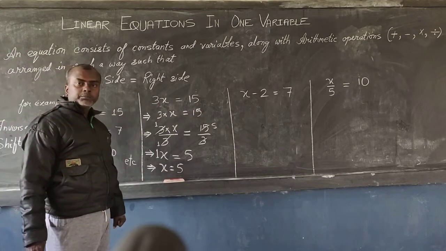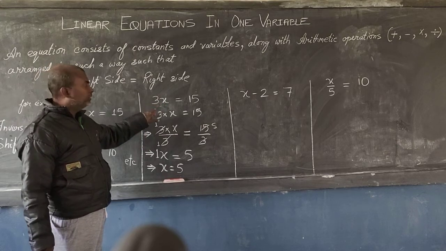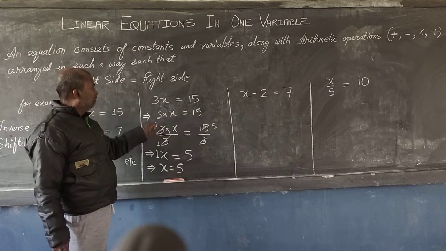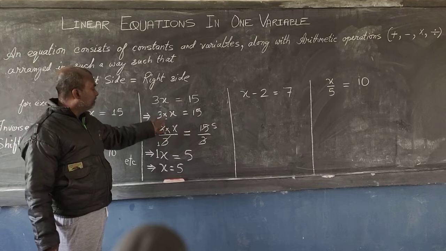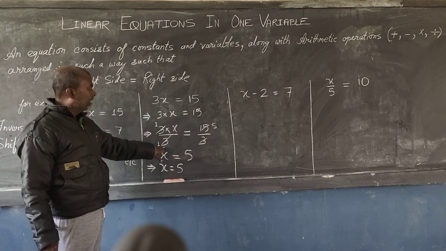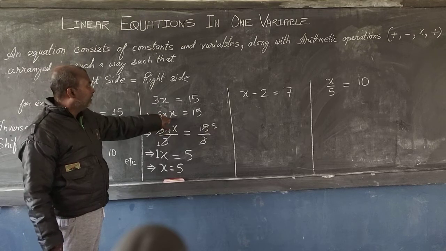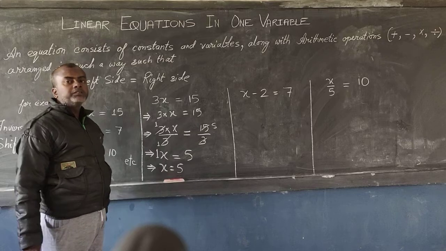What did we do in the inverse method? We check between the variable and the constant what sign is there. We have the into sign. So to remove this number, this constant from this variable, whatever sign is there, you have to give the opposite sign. In this case, x is multiplied by 3. So to remove 3, I have given divided by 3.